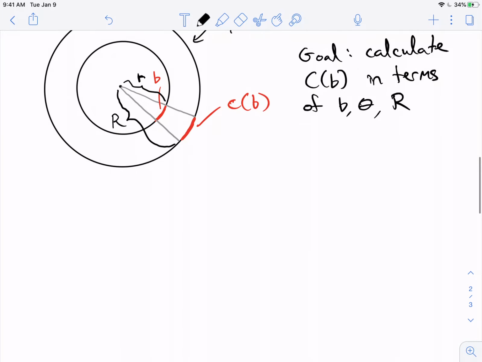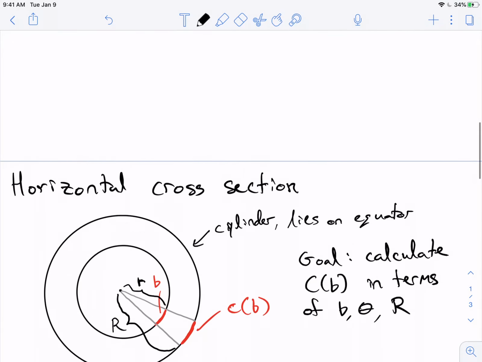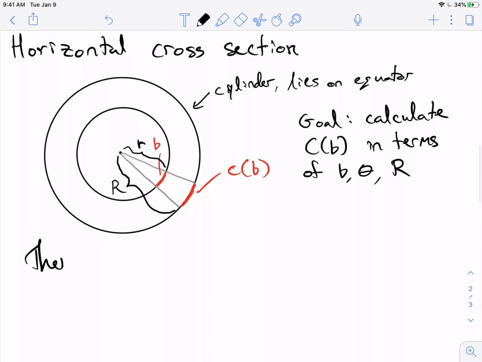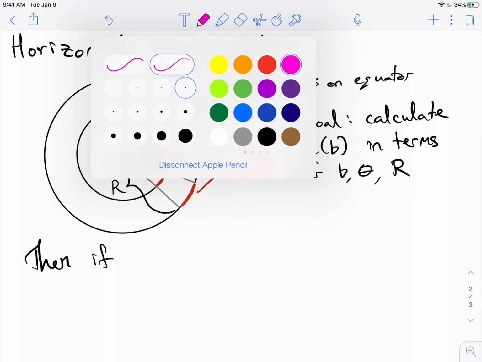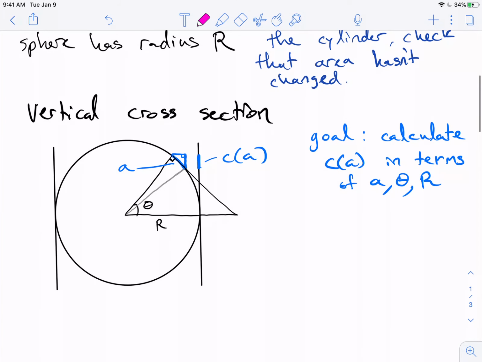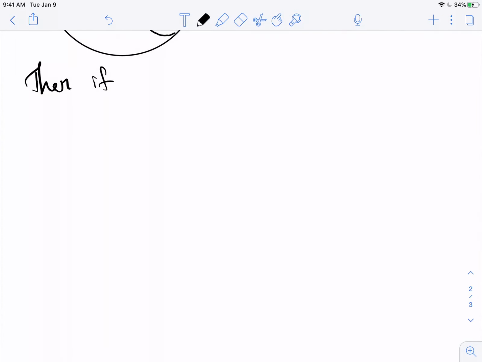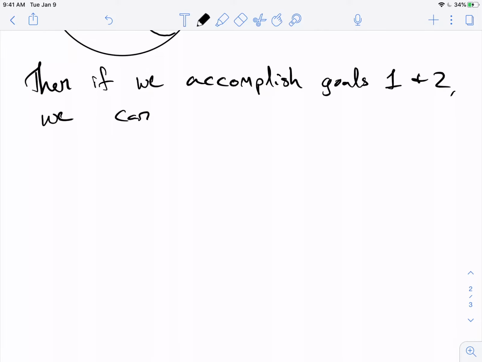Okay? And so if we can accomplish this goal of getting C of B in terms of B and getting C of A in terms of A, then, so I'll call this goal 2, this is goal 2, this is goal 1. So if we accomplish both of these, I claim that we can see how area gets distorted.